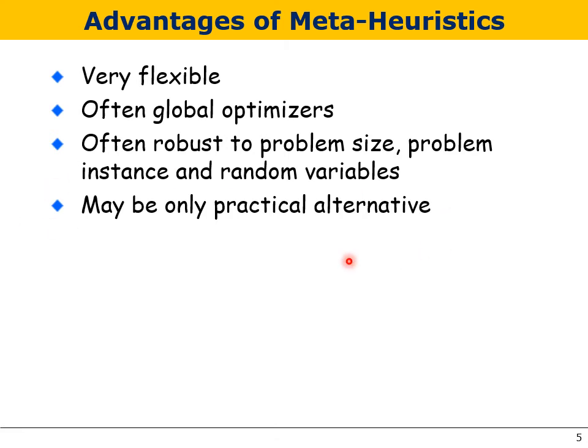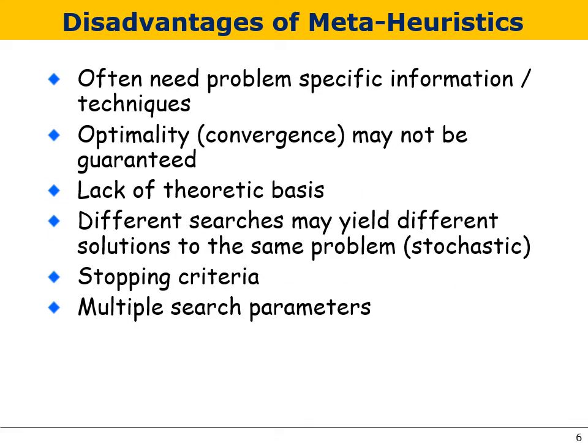They may be the only practical alternative. But there are also disadvantages of metaheuristics. You need to know these disadvantages as well, so that before applying a metaheuristic algorithm to your problem, you know the possible weaknesses of those solution methods.